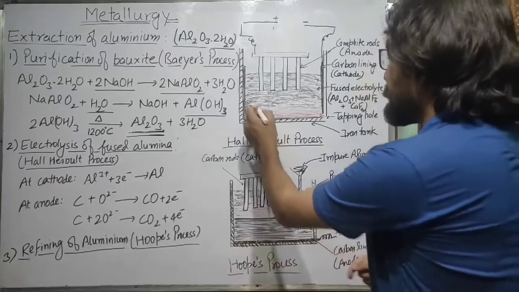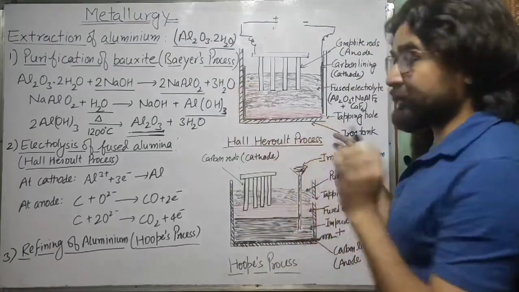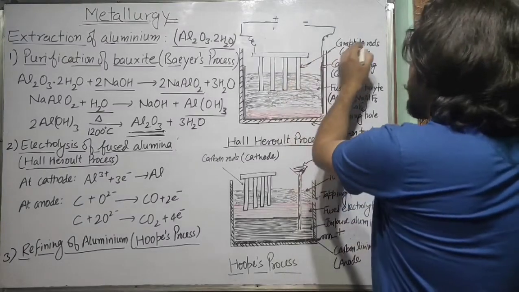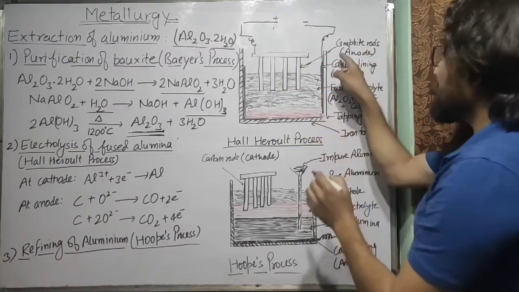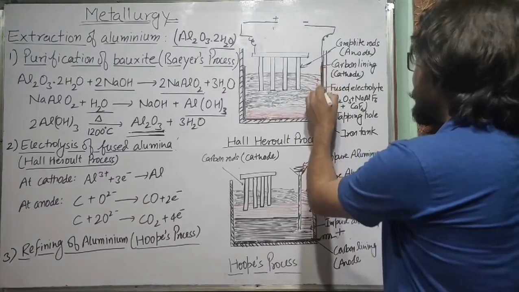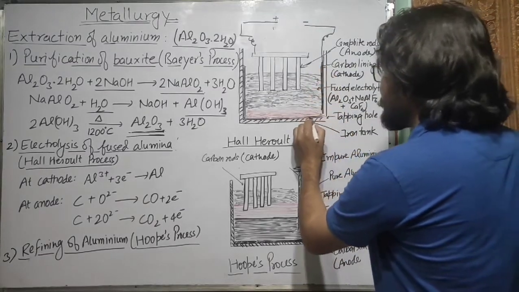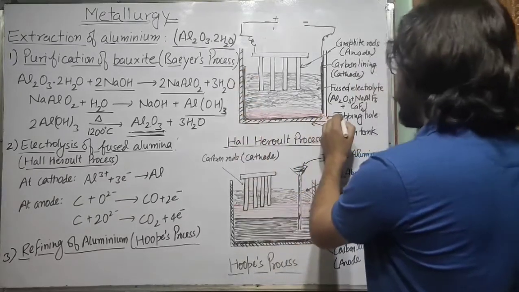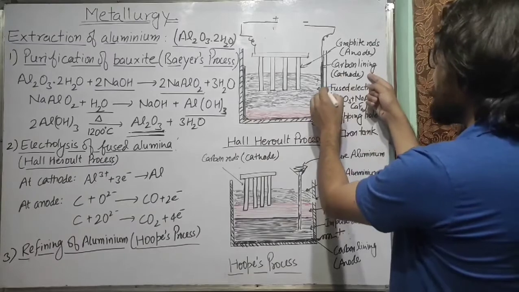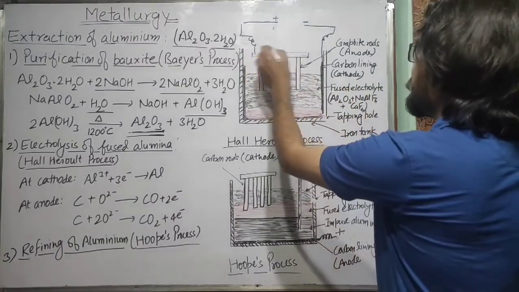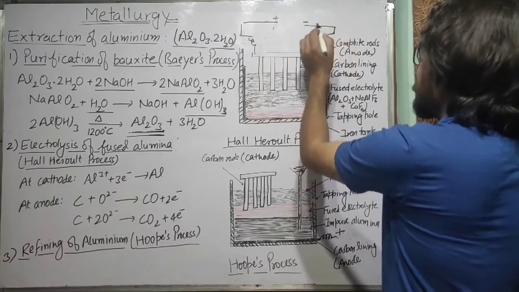You can see here we have an iron tank, and in this electrolytic process, remember, graphite rods are used as anode, while a carbon lining, you can see this complete is a carbon lining. This carbon lining is used as cathode. So it is anode while carbon lining is cathode.